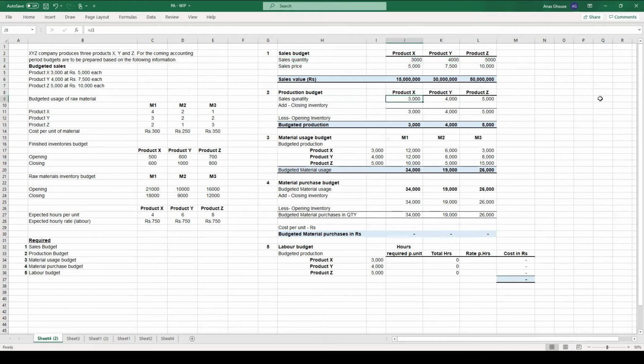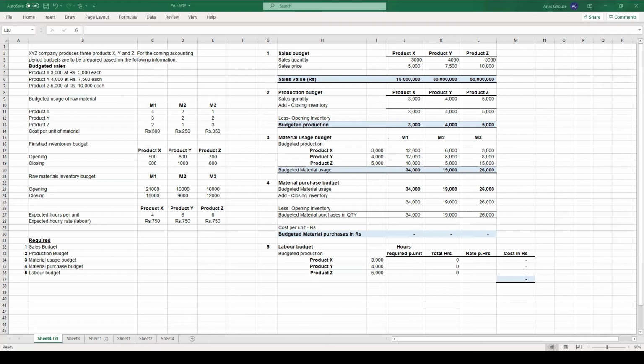So the same quantities can be taken here: 3,000, 4,000, and 5,000. Thereafter, we need to make a little adjustment for the opening and closing inventory. This is purely to identify the production requirements: how many quantities to be produced to meet the sales target?